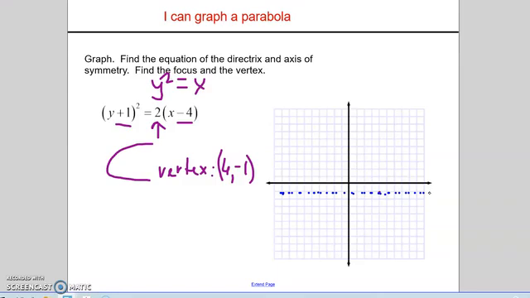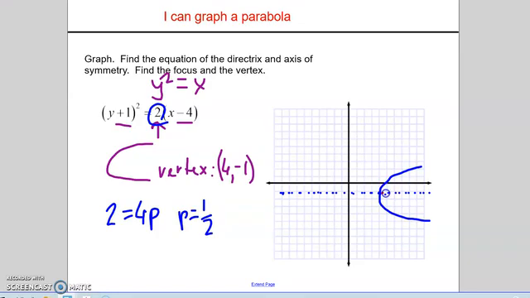Then I can draw my shape in. I'm just sketching this in. And then I use this value here to find the location of my focus and my directrix. So 2 is equal to 4p, and solving for p, p is equal to 1/2.